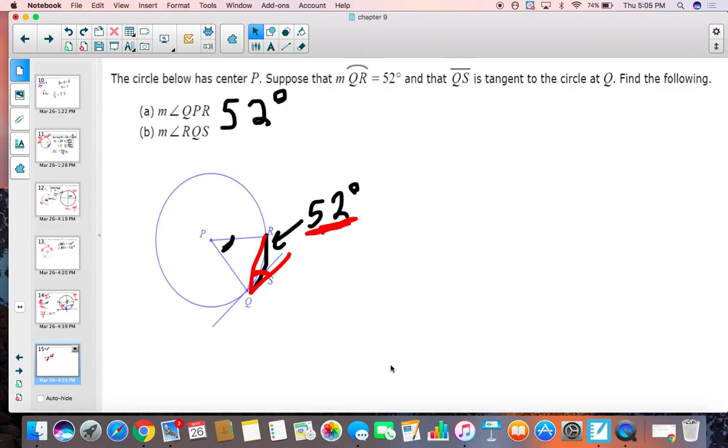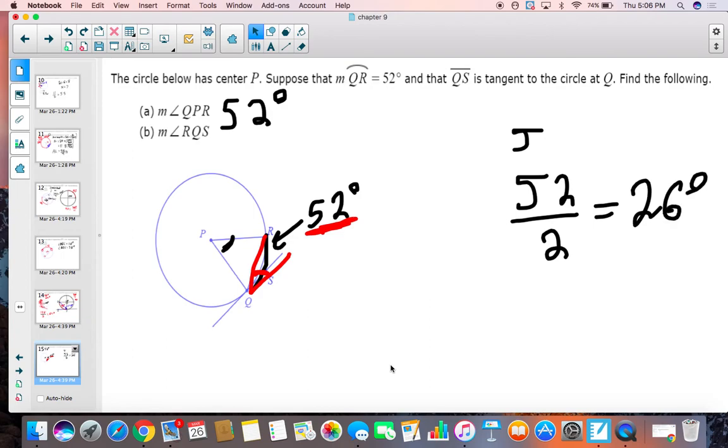So let's take that 52, divide that by 2. We should get 26 degrees for angle RQS.